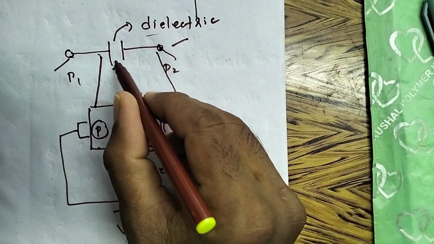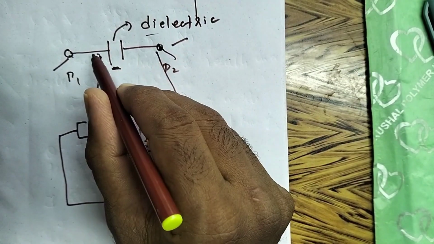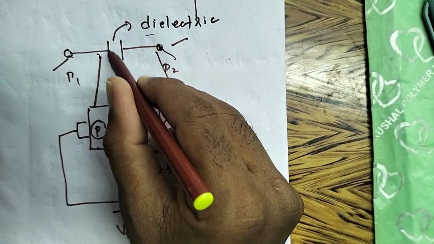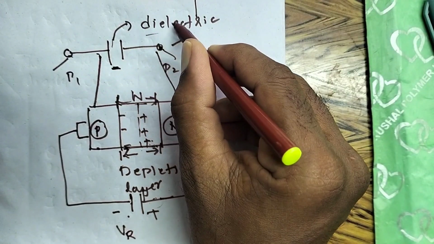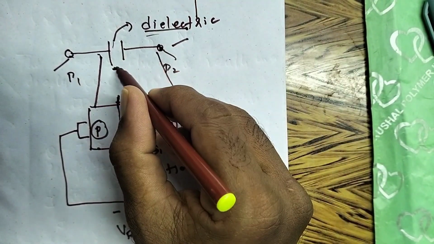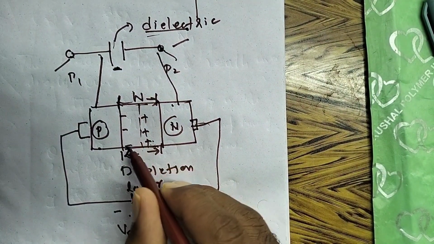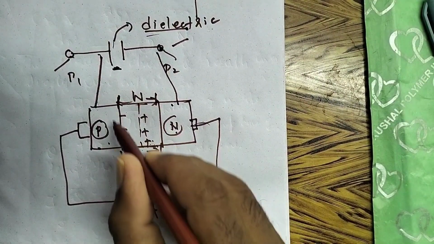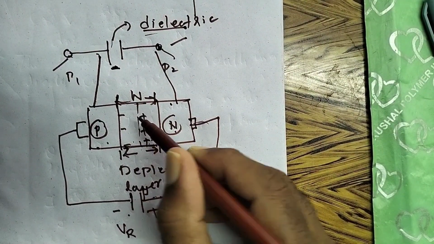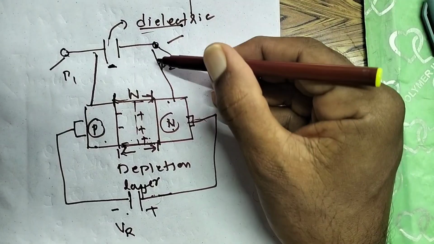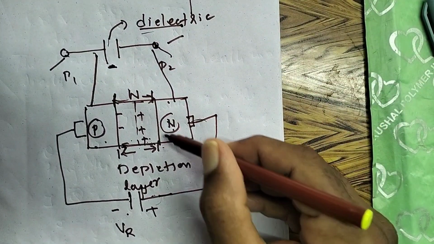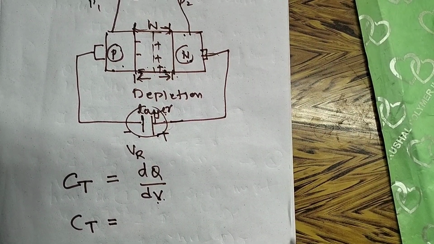At the same time, between the two parallel plates of the capacitor there is a gap filled by dielectric material. Similarly, between the P type and N type there is a depletion layer. So this is perfectly suited to the reverse bias condition.